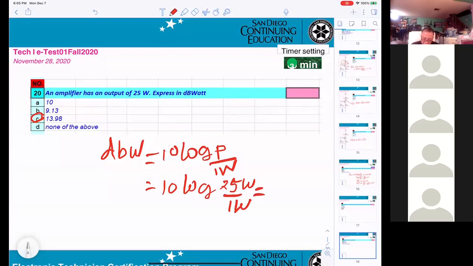So that means you take the log of 25, and then multiply by 10. So that's what you get, 13.98.